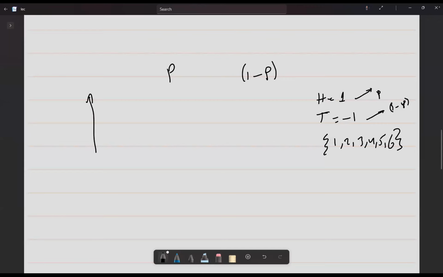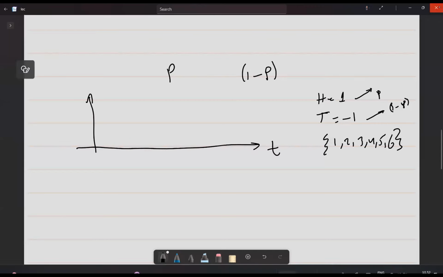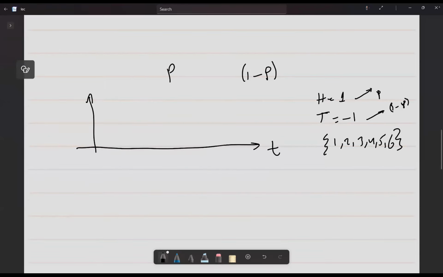So in this case, we have a process with time. Here, time is not a random variable. Time is continuous by itself, and at the same time it is independent of the process that we are doing.